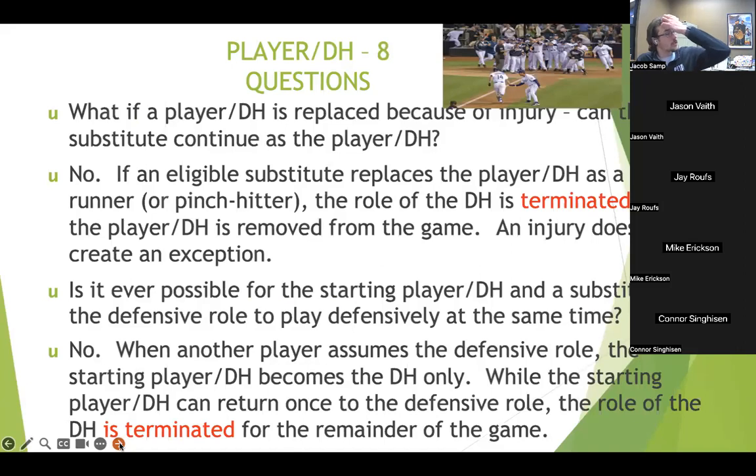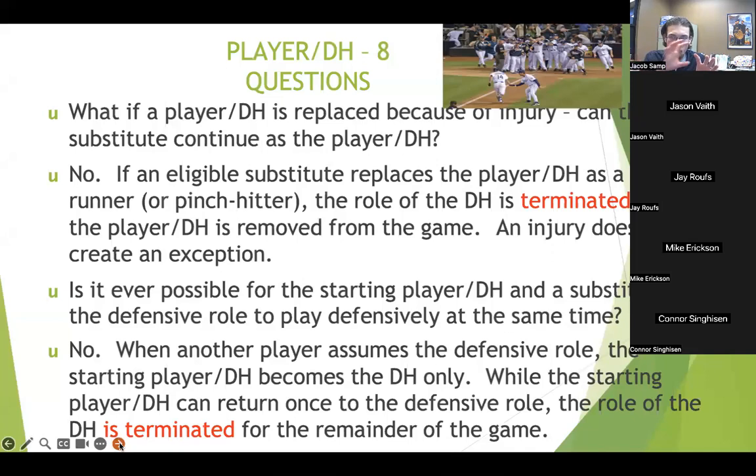And then the last question here, you have a player DH, and then you do a defensive substitution for the player DH, and then you try to re-enter him. This is such a great casebook question. Basically, if you keep it simple, the player DH is in one spot in the lineup. There's 2 different lineups.